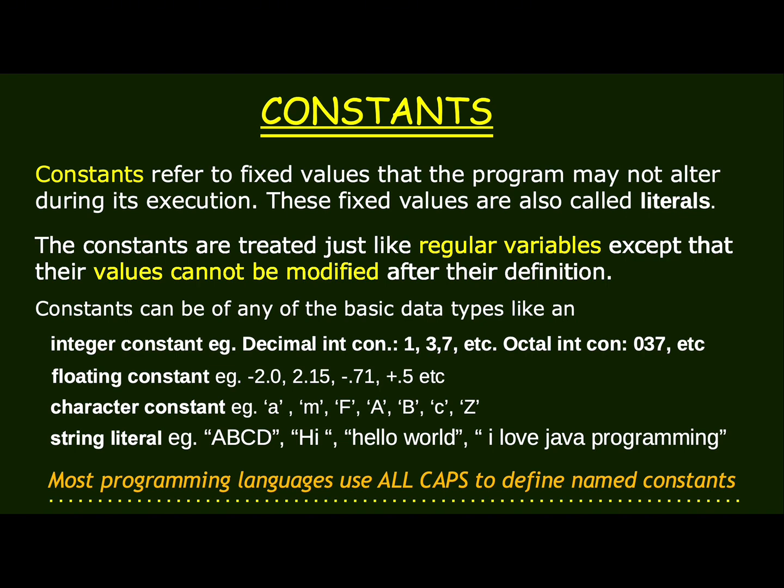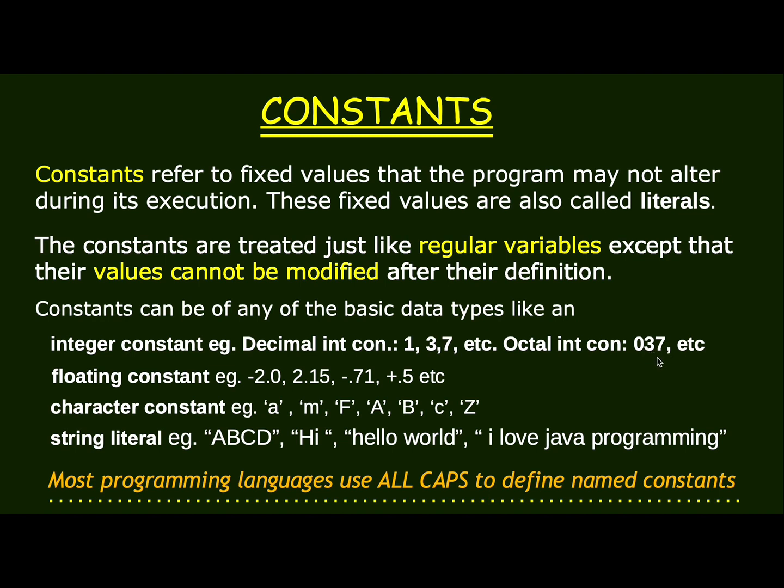Now constants can be any of the basic data types, like, one, integer constants. Integer constants come in the form of decimal integer constants. So we have decimals which have 1, 3, 7, and so on. Then we have octal integer constants.